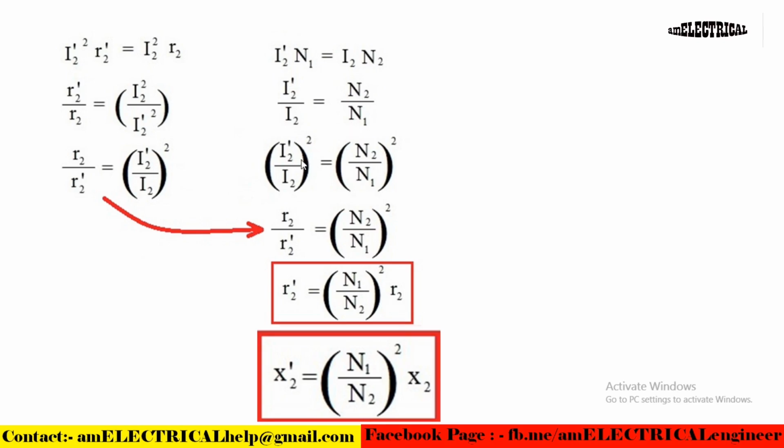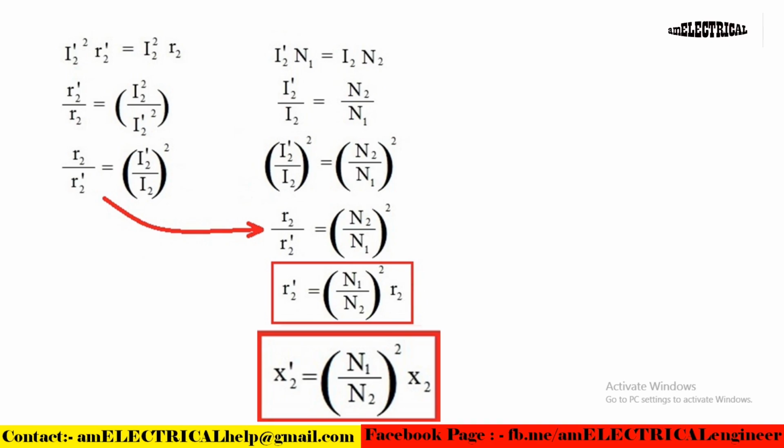If we square them, it will be like this. Now from the left side formula, I2 dash divided by I2 whole square will be equal to R2 divided by R2 dash. So we can replace it. Now the new formula will be R2 divided by R2 dash equal to N2 divided by N1 whole square. So from here R2 dash will be equal to N1 divided by N2 whole square multiplied by R2.